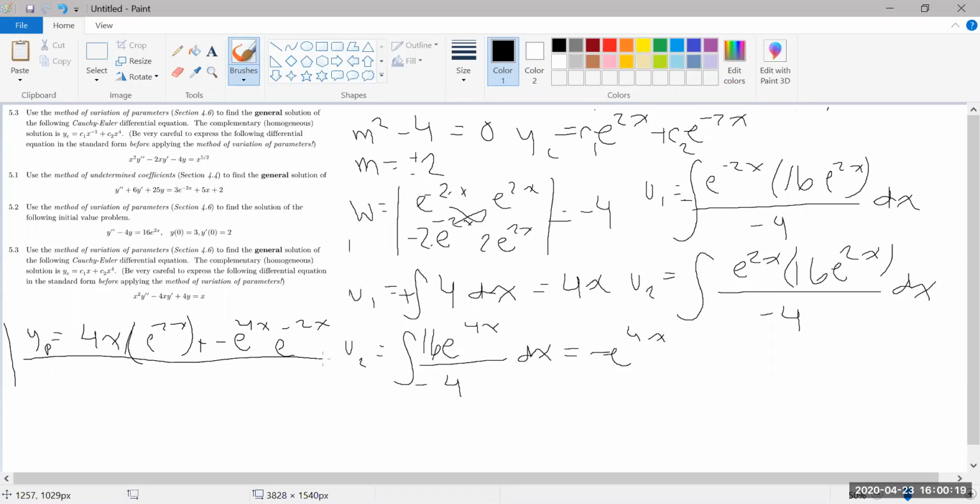Okay. And so our y general is the whole thing. So we have our complementary solution, c1 e to the 2x plus c2 e to the negative 2x plus 4x e to the 2x.